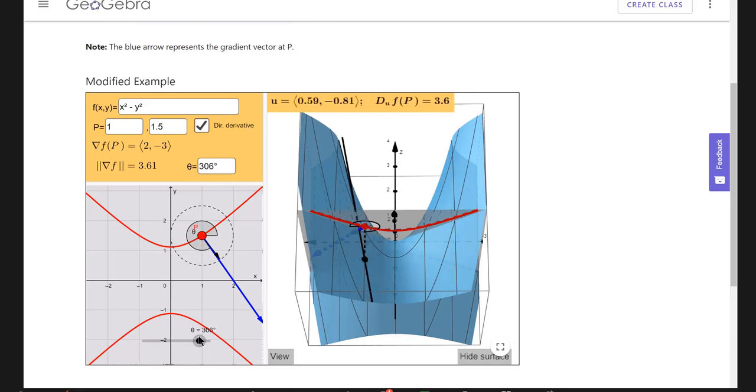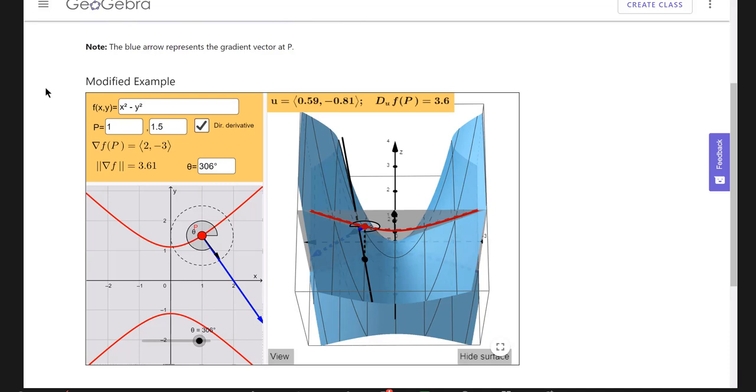The directional derivative is the greatest when we're moving in the same direction as the gradient. The thing to keep in mind is that the gradient automatically calculates the direction of steepest ascent. So if you move away from this point, the steepest path you could take is in the direction of the gradient.